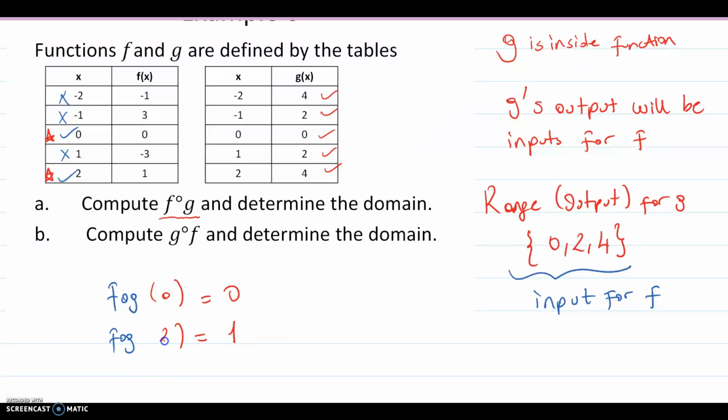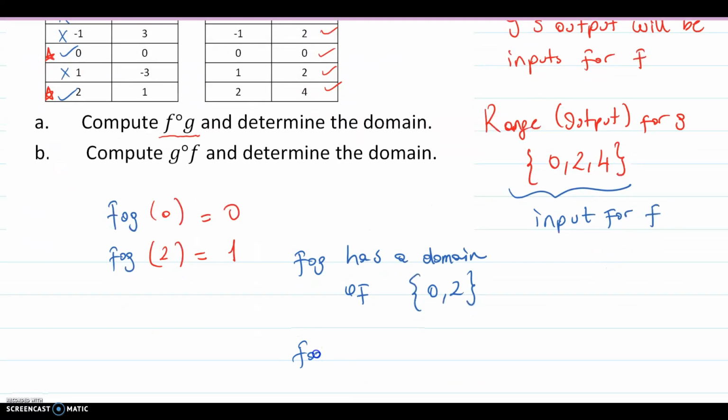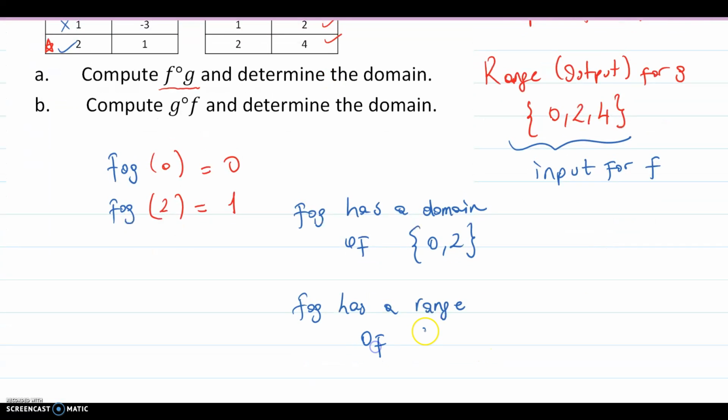So f of g has a domain of 0 and 2. F of g has a range of 0, 1. Okay. Let me know if you have any questions.